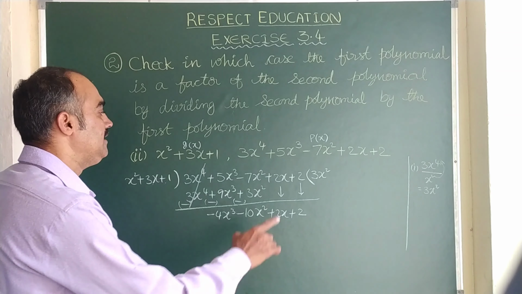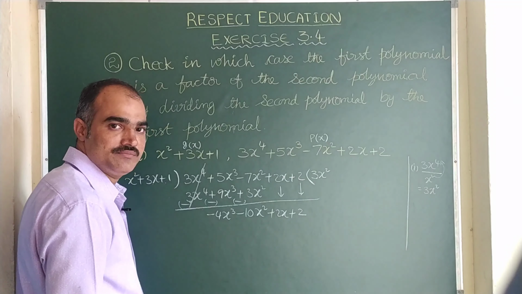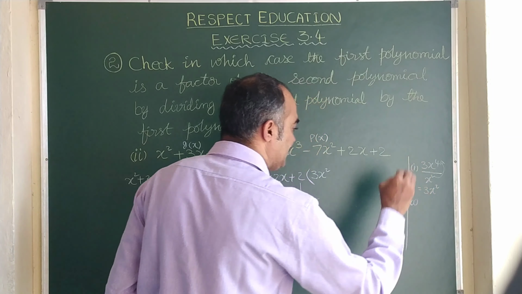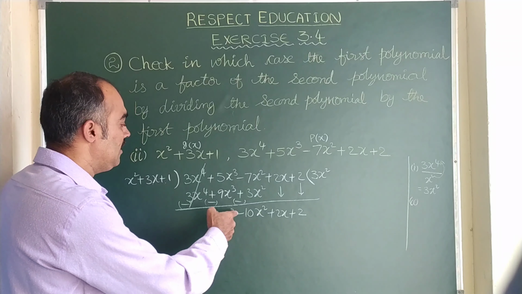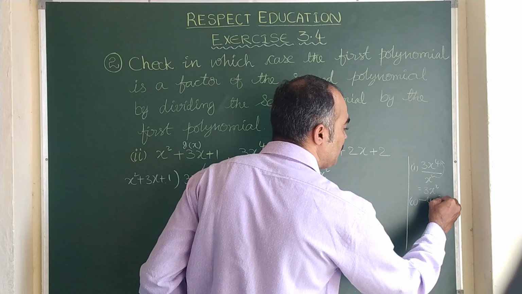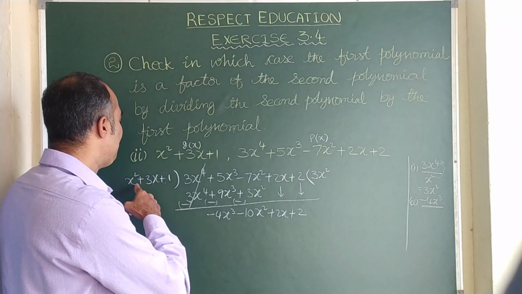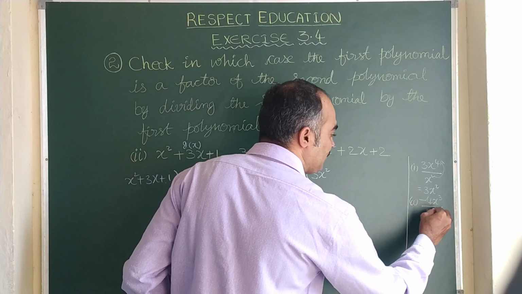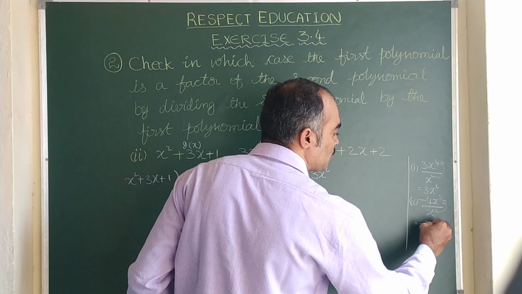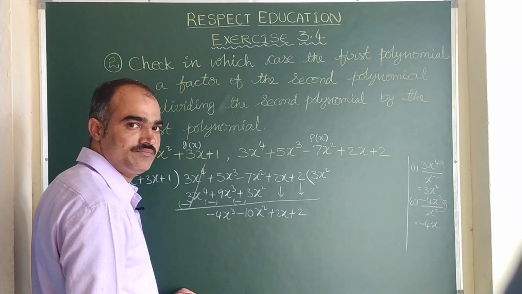Now we are finding the second term of q(x). For that, at this second stage, the first term of p(x), that is minus 4x^3, by the first term of g(x), x^2. So here minus 4 let us write as it is. 3 minus 2 is 1, so it is minus 4x.